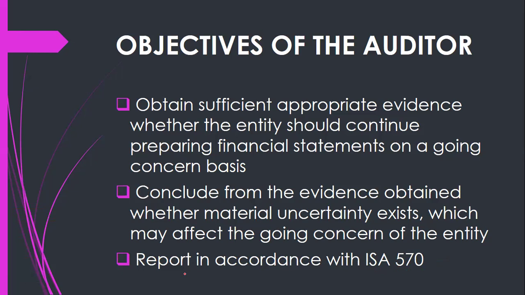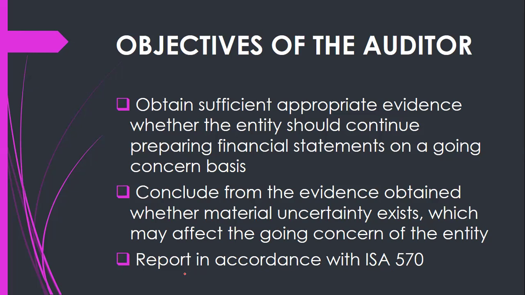Sometimes you'll be asked, what are the objectives of the auditor with respect to going concern? The objective of the auditor is one, to obtain sufficient appropriate evidence that the entity must continue preparing financial statements on the going concern basis.